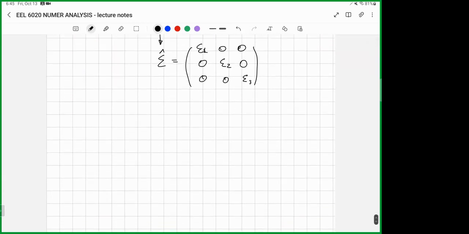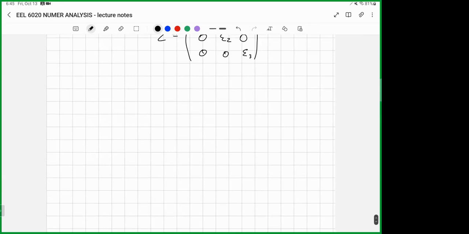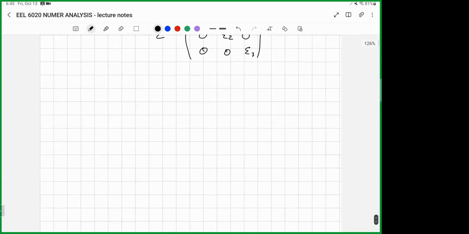But this is for dielectrics. And what about other materials, for example, magnetics?